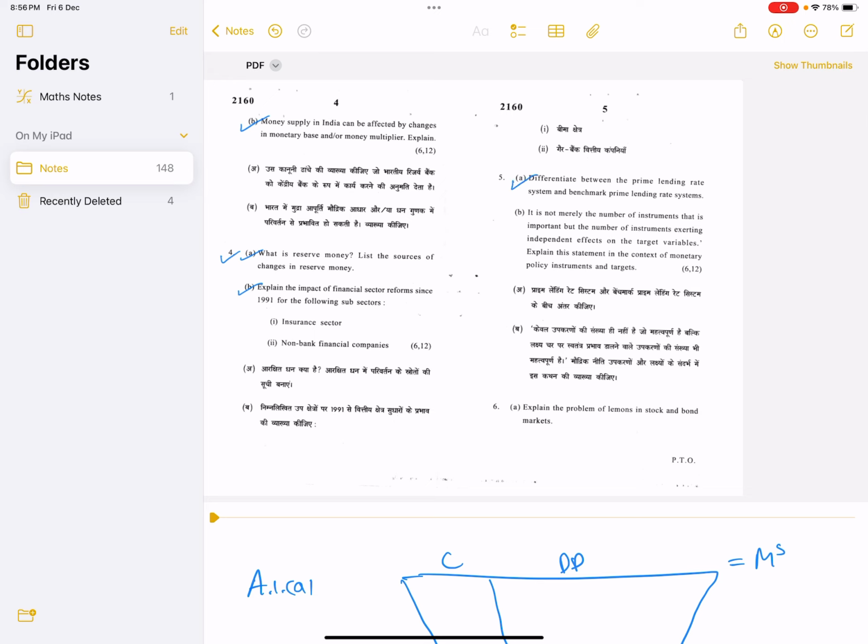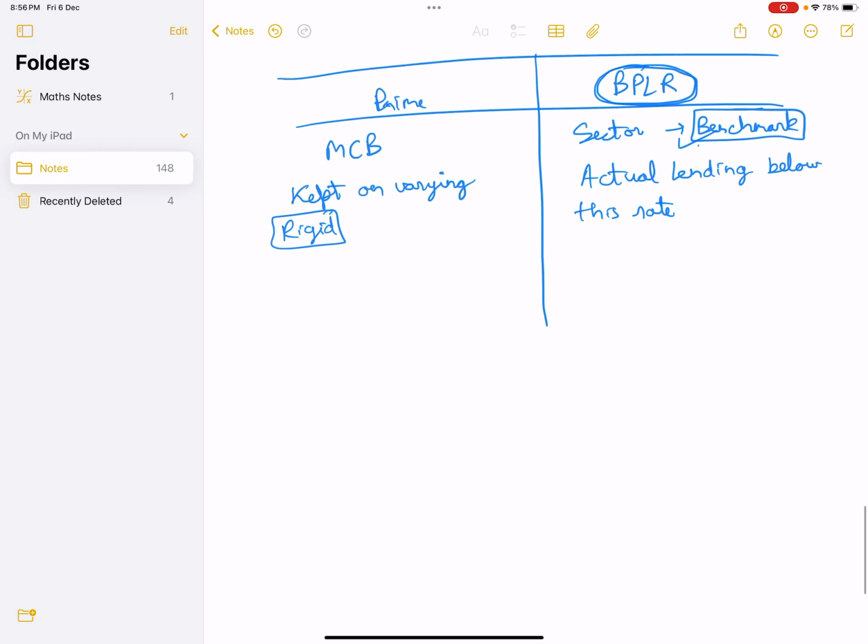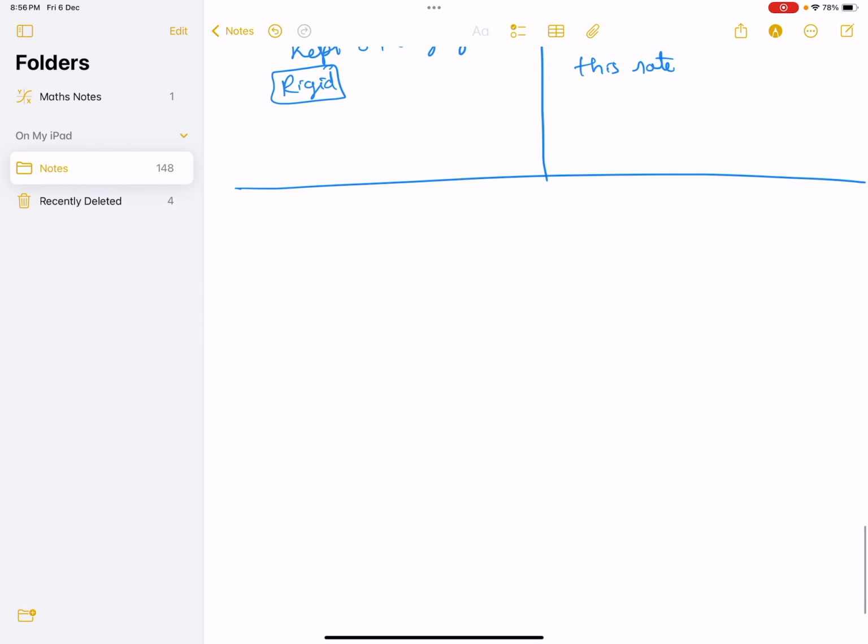Now coming to B part. It is not merely the number of instruments that is important, but the number of instruments exerting independent effects on the target variables. Explained in the context of monetary policy instruments and targets. This was answer 5B.